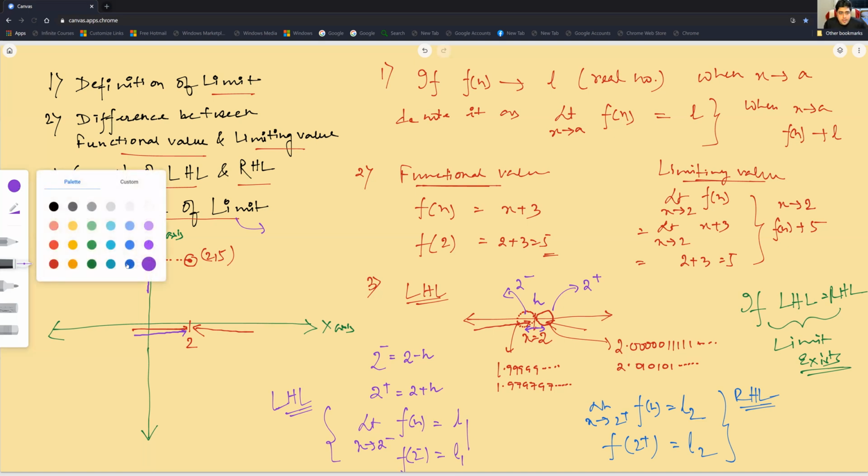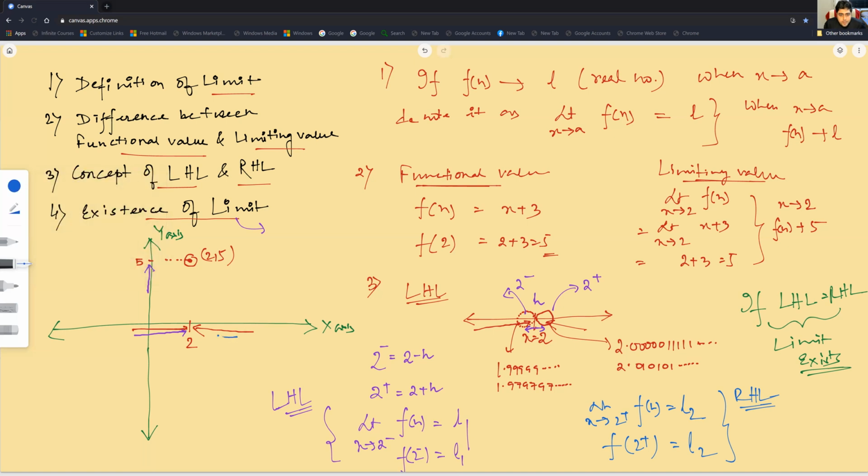And if I come from the right side towards that point 2, you will also get a value from the upper side towards that point on the y-axis, right? If these two limiting values, that is the left hand limiting value and the right hand limiting value, are the same, then we can say that the limit exists.